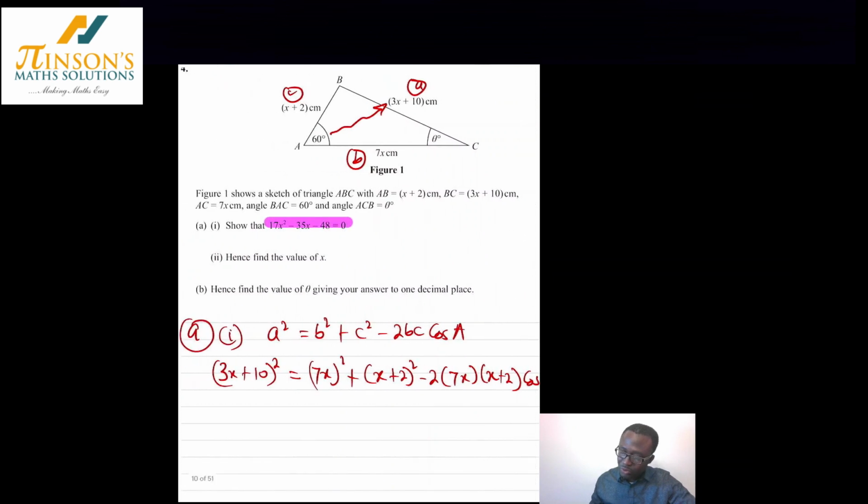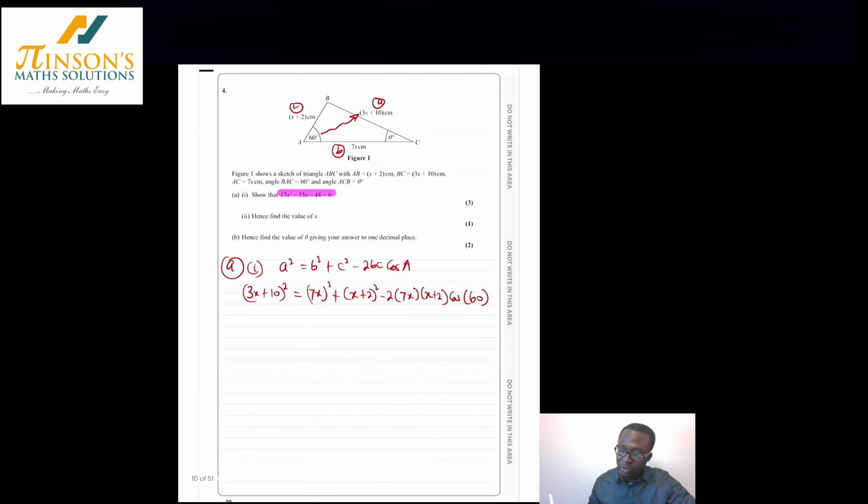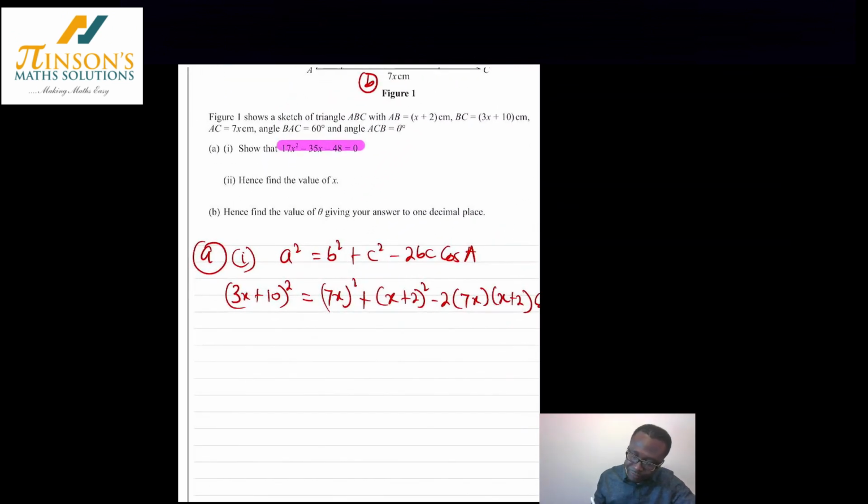All right, so we're just going to try and simplify this and hopefully we can rearrange to get what we want. So when we expand this bracket, this gives me 9x squared add 60x add 100. Okay, when you expand that part, that's what you get.